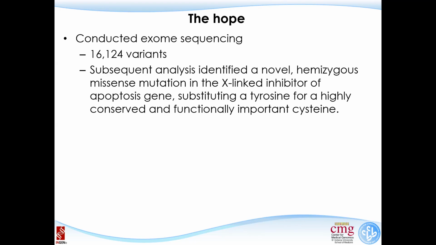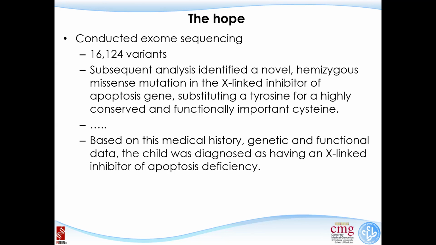So they did a lot of very in-depth analysis. But the point is they were able to identify a hemizygous missense mutation in the X-linked inhibitor of apoptosis gene. And this is the cause of this particular disease.